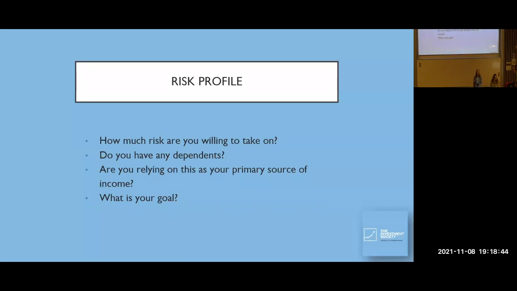In particular, what is a risk profile? Does anybody know what this is already? Nobody? Okay, a risk profile is where you identify how much risk you are able to take on.